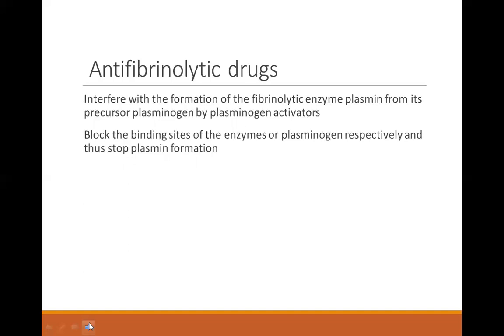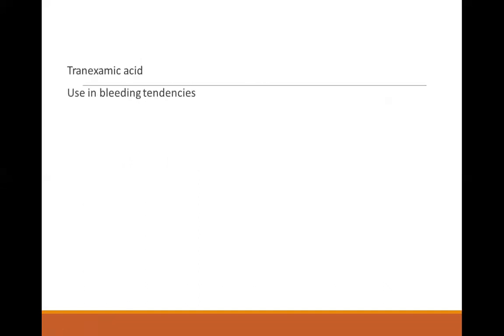They block the binding sites of the enzyme, that means this medication does not allow plasminogen activators to bind to the relevant binding sites. That is the way of stopping plasmin formation, and without plasmin, the bleeding tendency will be reduced. An example medication is tranexamic acid. If the patient has high bleeding tendencies, we can use this medication.